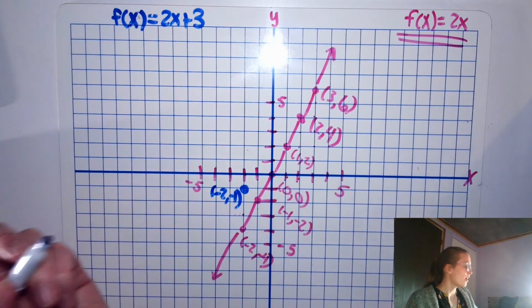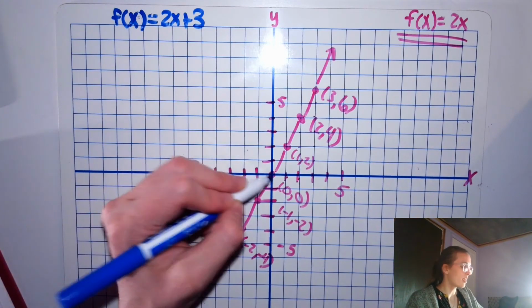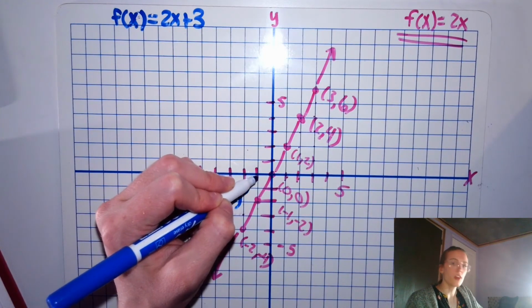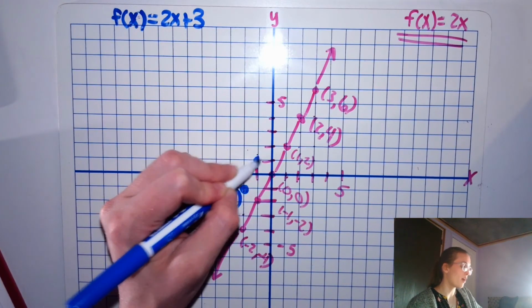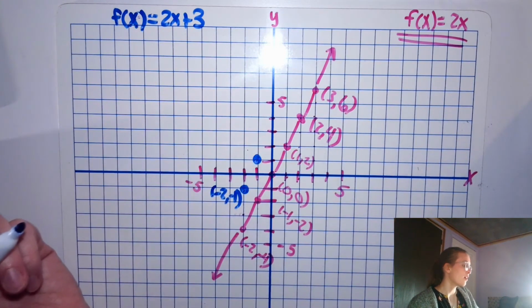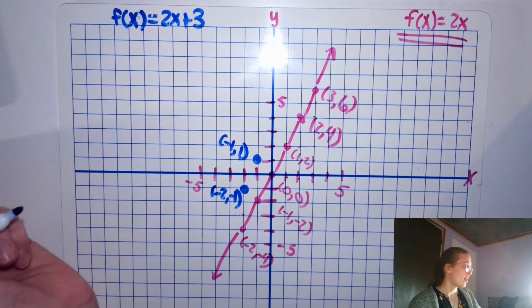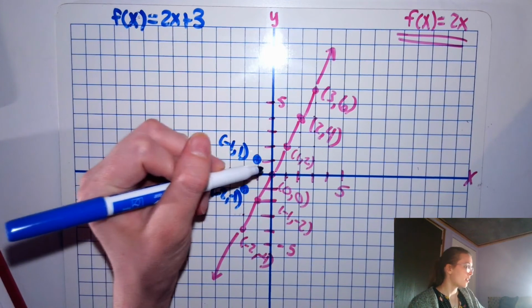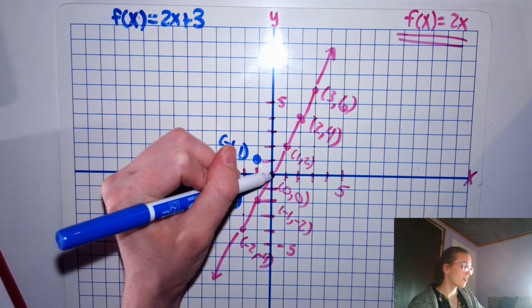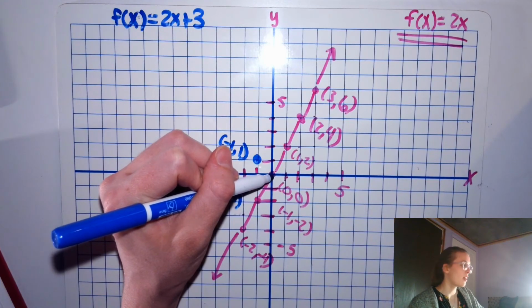Okay, next value, x is -1, so go over to -1 on the x-axis, and then y is 1, so you go up to 1 on the y-axis. Okay, now the next row is x is 0, so go over to 0 on the x-axis, and then y is 3, so you go up to 3 on the y-axis.